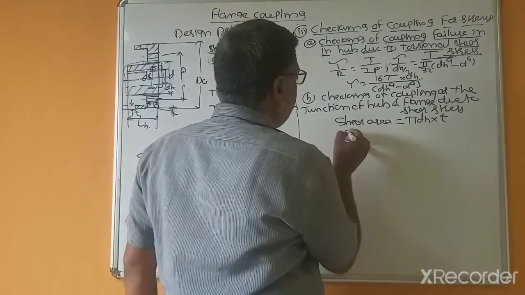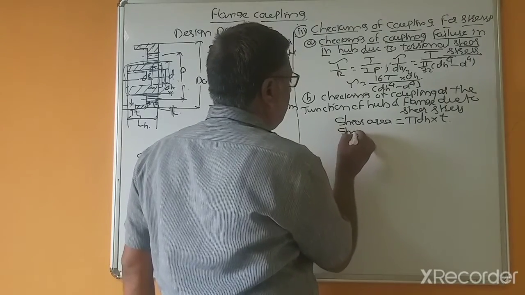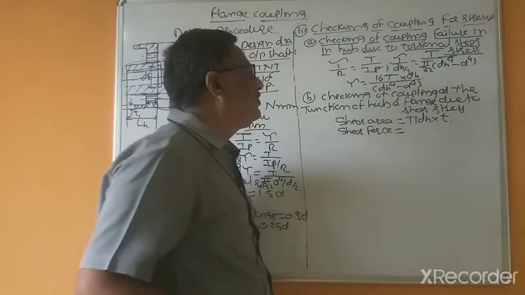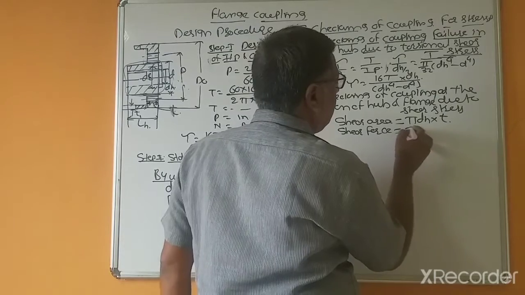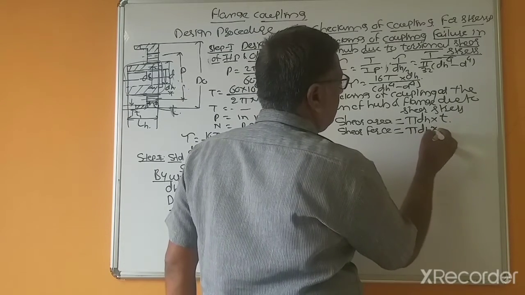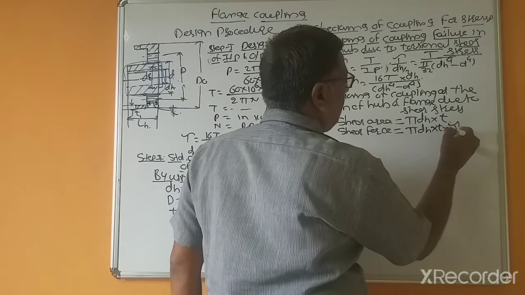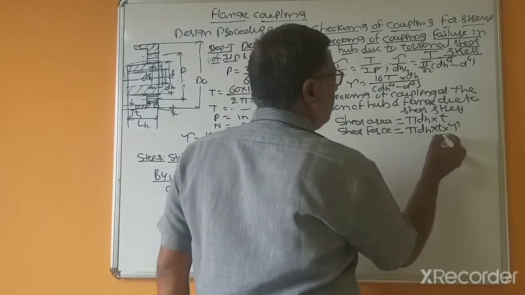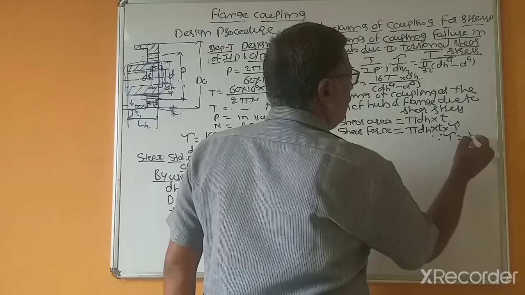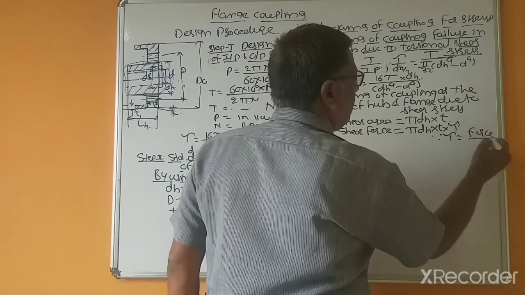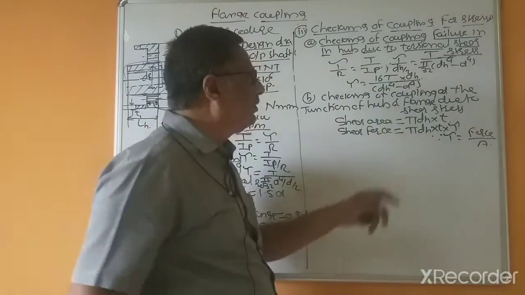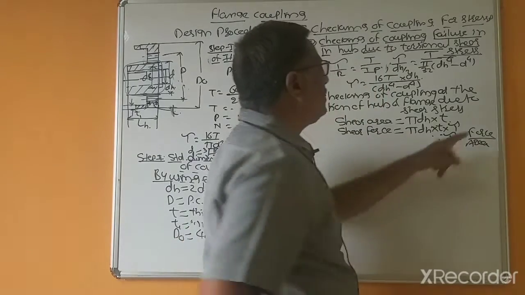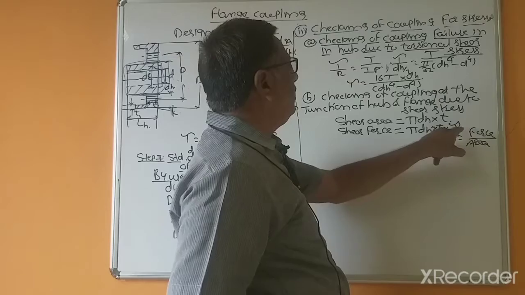So you can write shear force equal to pi dH into t multiplied by tau, because tau equal to force divided by area, so force equal to area multiplied by tau.